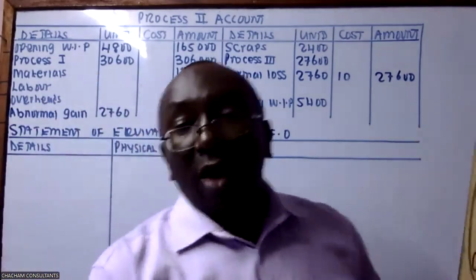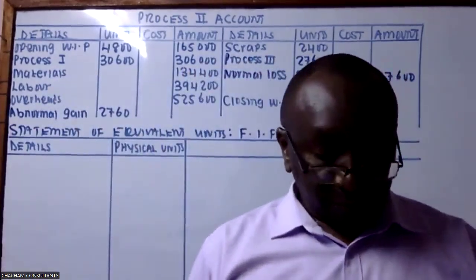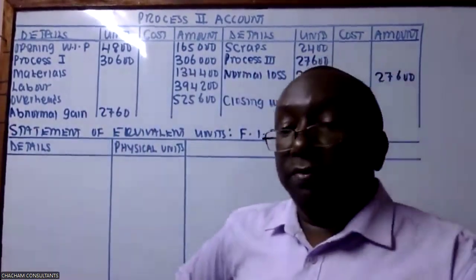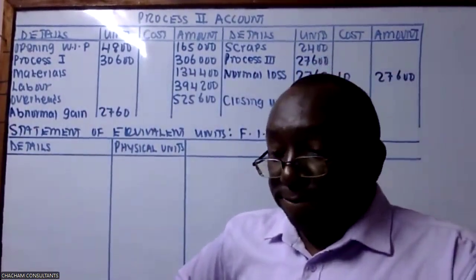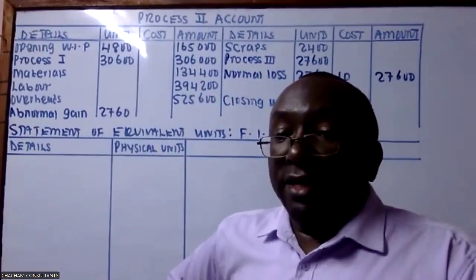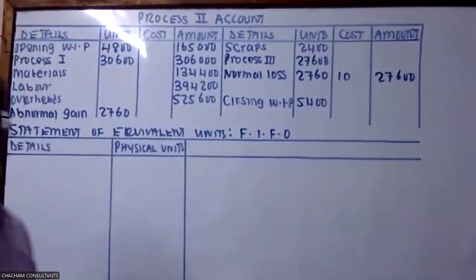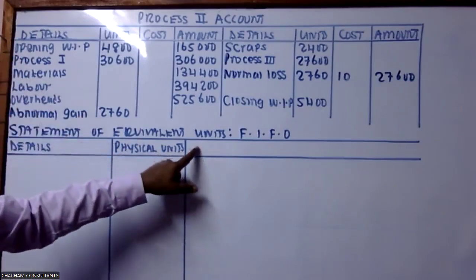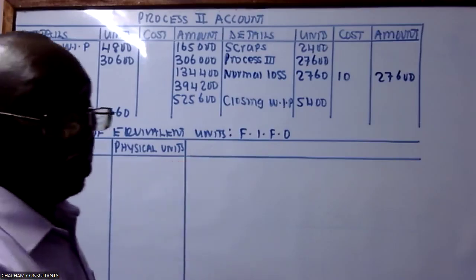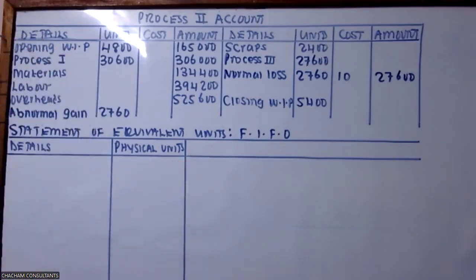Now, these other columns depend on the items that you have been given, the cost items. The ones that you have here are the ones that come here. This one is process one.